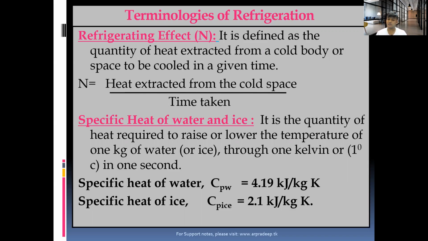The specific heat of water is denoted by CPW. CPW is equal to 4.19 kilojoules per kg Kelvin. You can see the specific heat of water given here. The specific heat of ice is also given as 2.1 kilojoules per kg Kelvin.